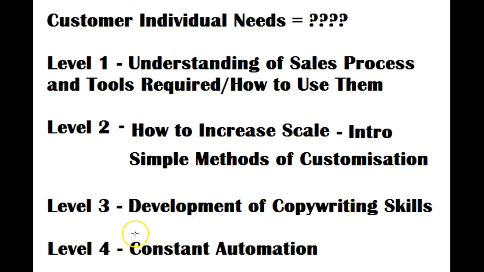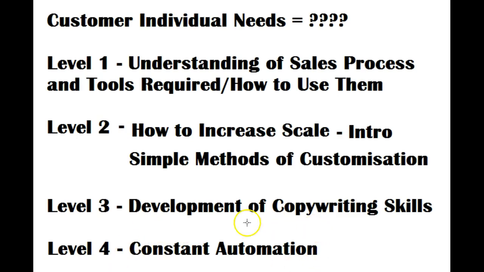There is a lot more involved in being able to have your adverts running all the time, having your emails already written, and so that they are getting sent out automatically by your email software. All those kinds of things are involved then in constant automation.